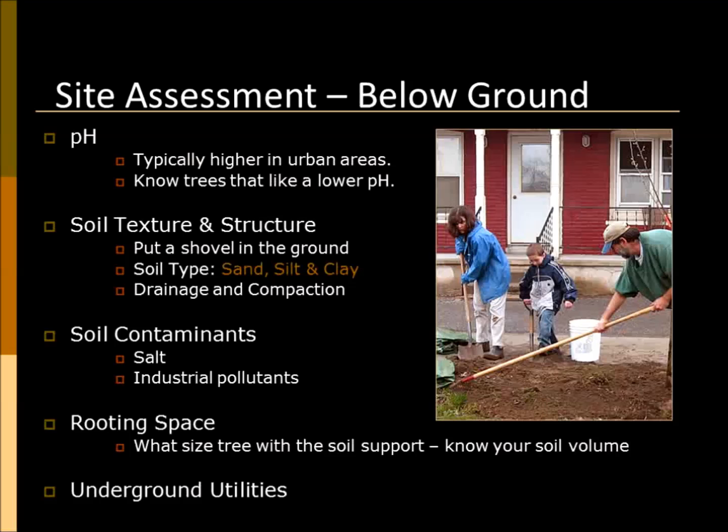Underground utilities are important as well, because you need to know where they are, because they'll either impact the amount of depth you can get if you're planting in a green belt area, if you have a main trunk line going below it. So we'll talk in a minute about Dig Safe and the importance of that, so that you know where everything is before you plant.